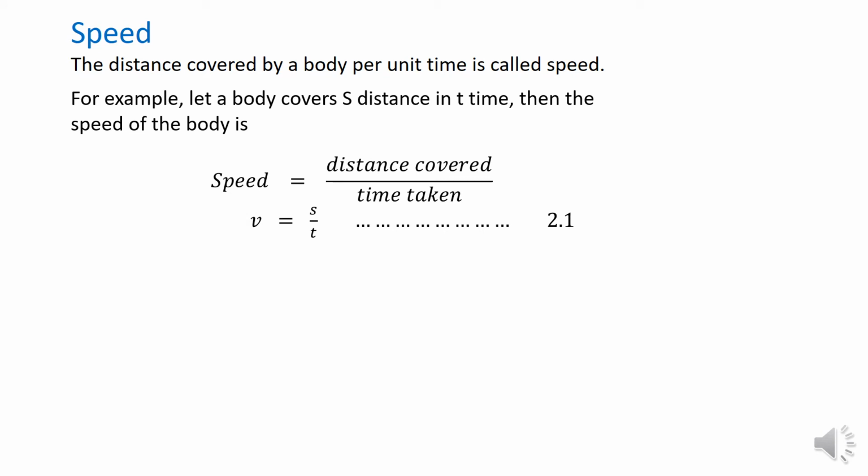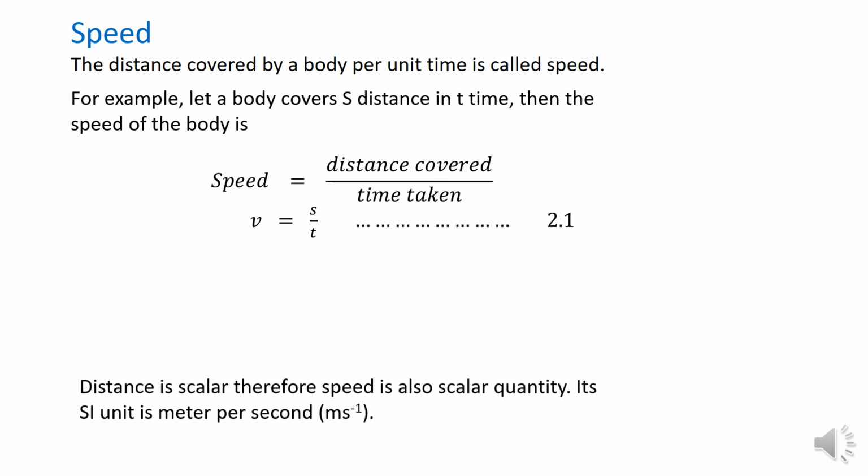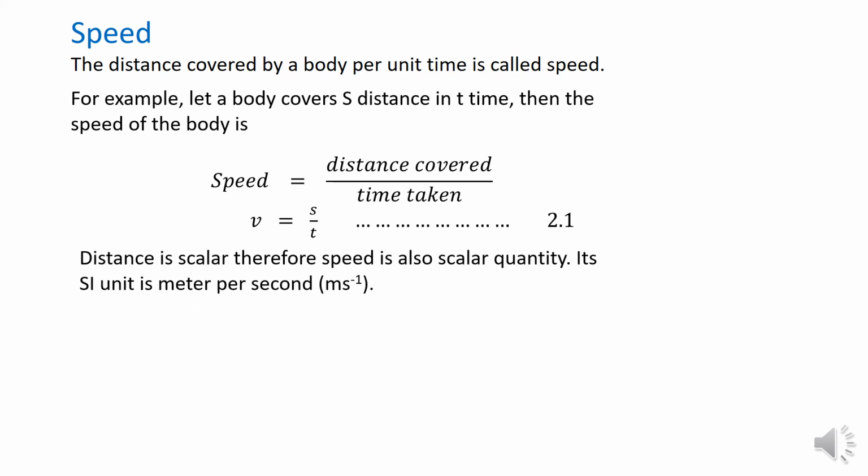If we represent speed by V, the distance by S and the time by t, then V = S/t, which we call equation 2.1. Distance is a scalar, therefore speed will also be a scalar quantity. Its SI unit is meter per second.